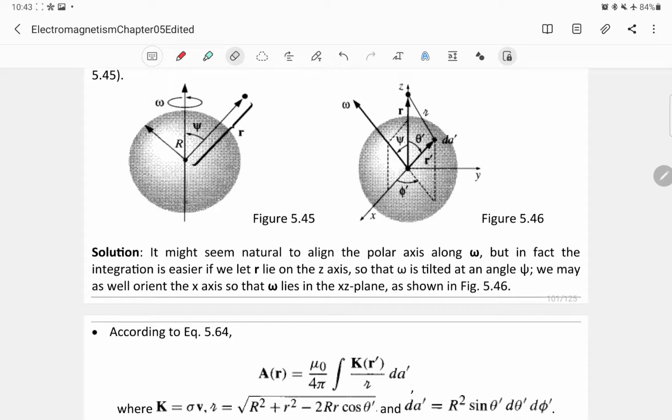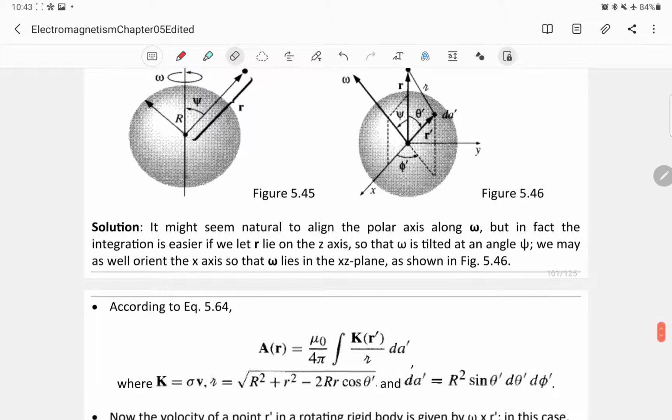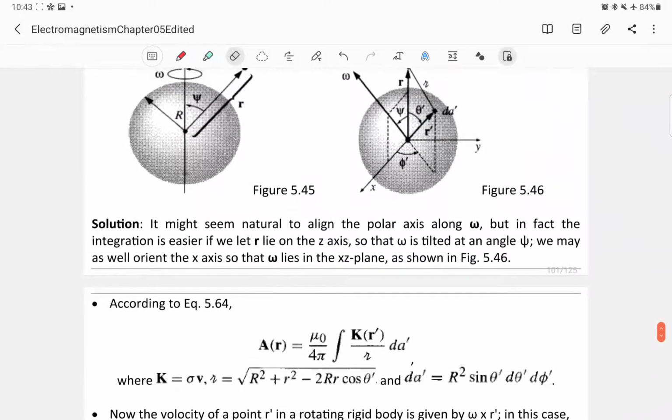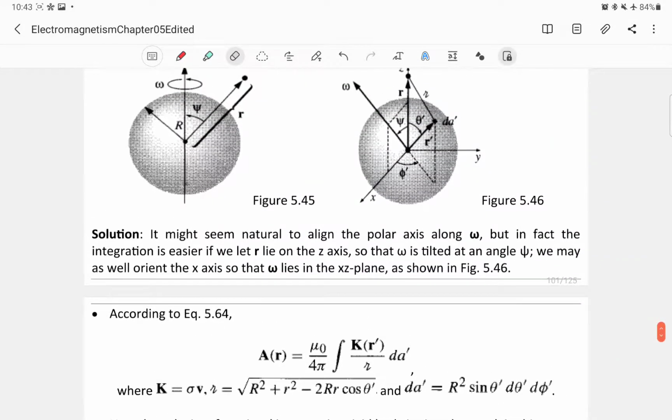So if you look at the figure here, our vector potential, the general formula, would be this for surface currents, and then for K you would have sigma V as it was defined earlier.